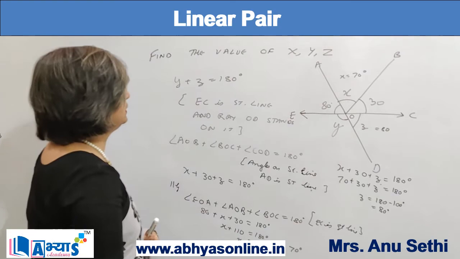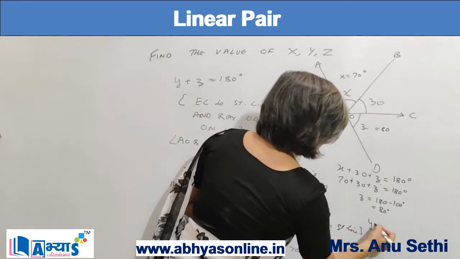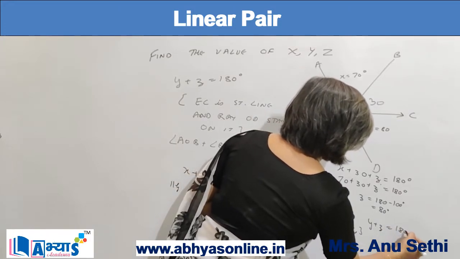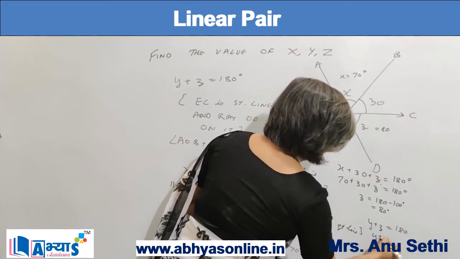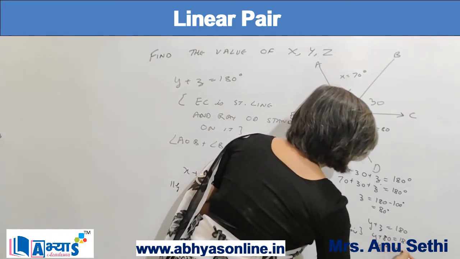Now we will use the concept of y plus z is equal to 180 degrees. Z is 80, so y plus 80 is equal to 180 degrees. So we can say y is equal to 100 degrees.